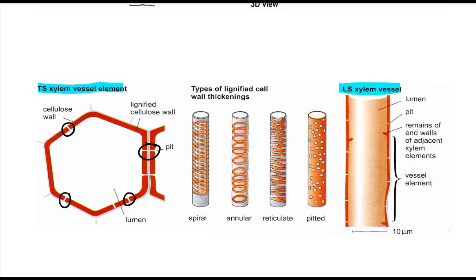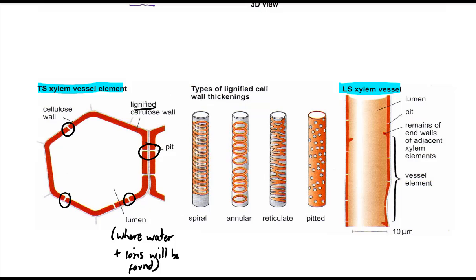The lumen is where the water and ions will be found. And then the lignified cellulose cell wall basically just means that these cell walls contain lignin to help strengthen it.